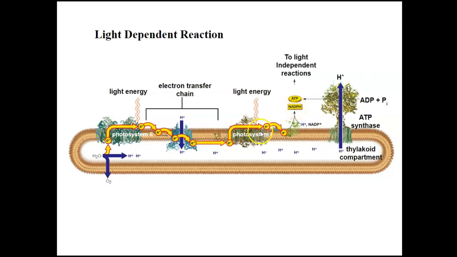So the cyclic pathway, when this excited electron is raised by the light energy, it can follow this pathway, but it can also fall back and pump in some hydrogen ions that can be used to make ATP and then recharge itself with its own electron.